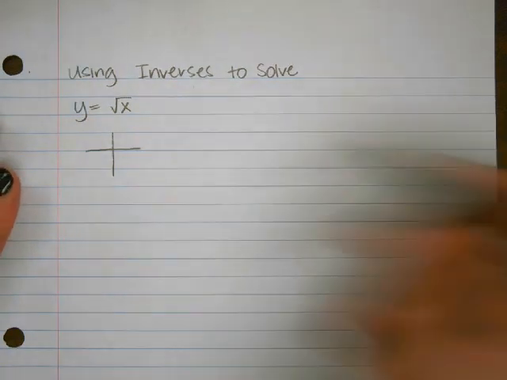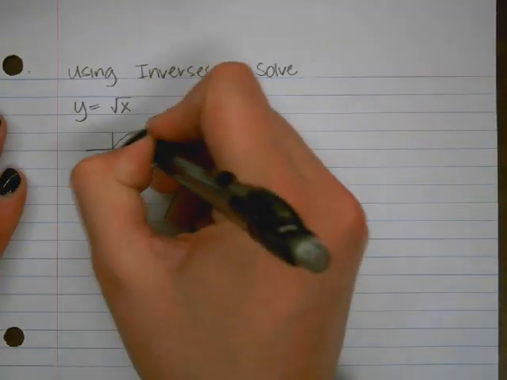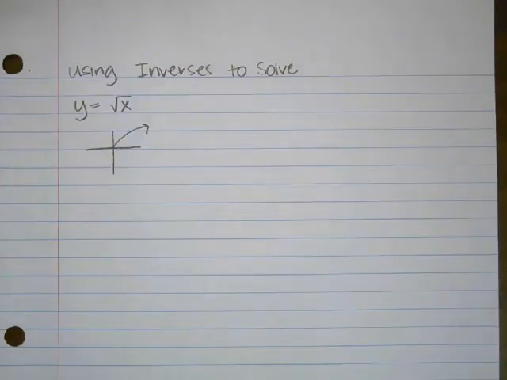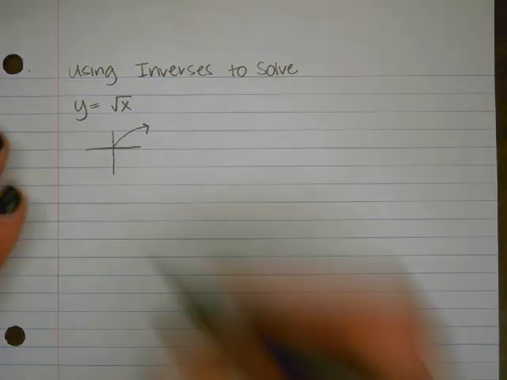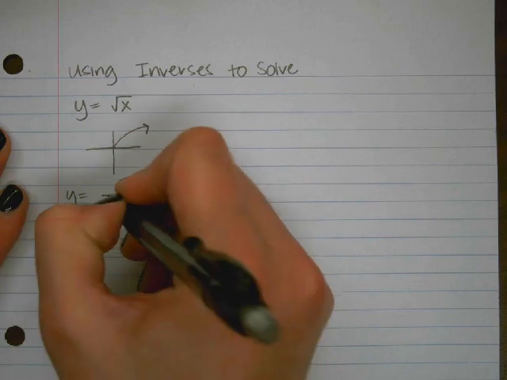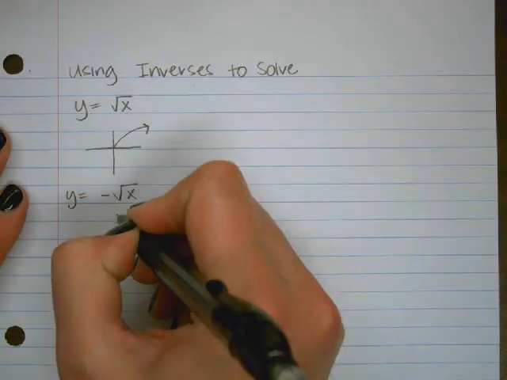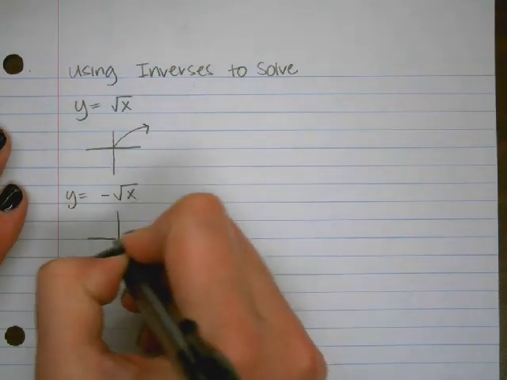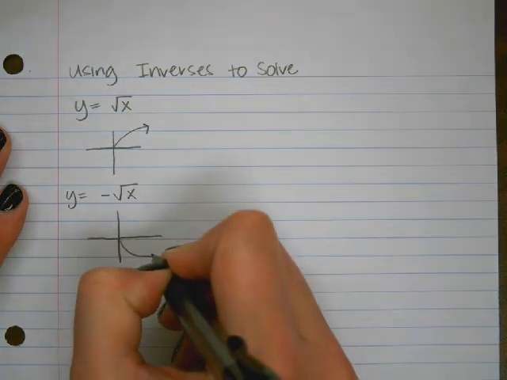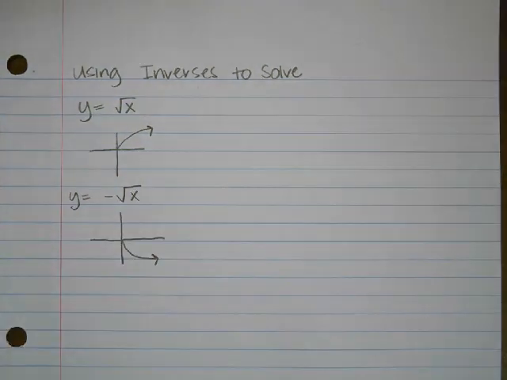And so a normal square root graph looks like this. I could also have a square root graph that's a function if I said y equals negative square root of x. So both of these are considered to be functions, because based on the pieces that I have, they pass the vertical line test.